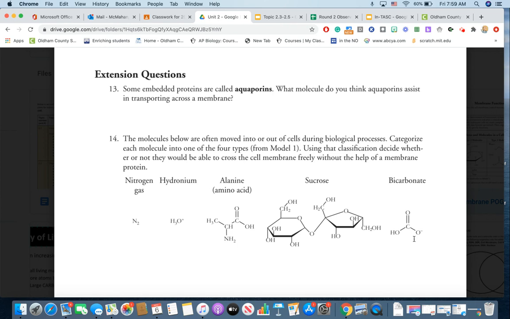And so if we couple both of those together, we see something that moves across very, very, very fast. If you are small but polar, you're going to move. It's going to be a little bit slower. If you're big and polar, it's going to be really challenging. And if you are an ion, it's a no-go. You have to have a protein helper. So I'm hopeful that that helps you in processing the POGIL.